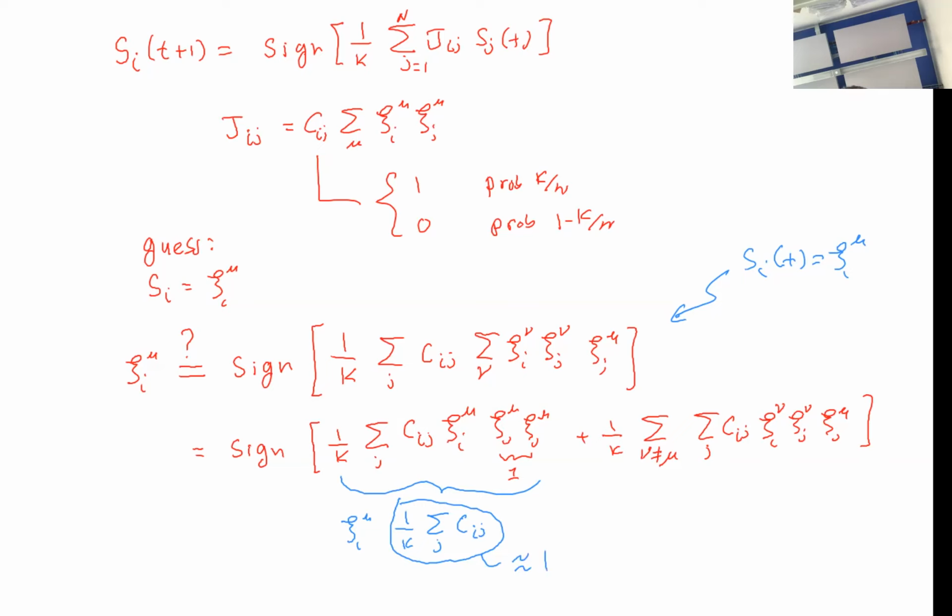Remember, C_ij is 1 with probability k over n, and 0 with probability 1 minus k over n. So approximately k terms in this sum are 1. We can work out that it's plus or minus 1 over root k, but we don't really care so much about that. This is random fluctuations around the mean, since k is large. So now we just have to deal with this other term.